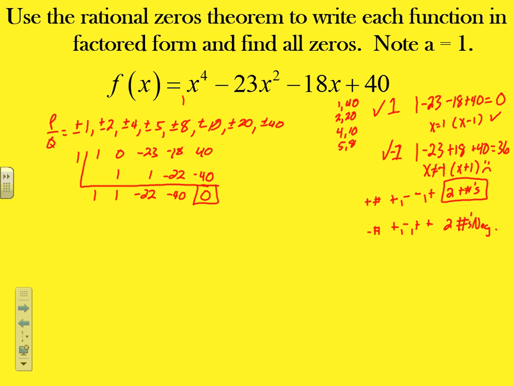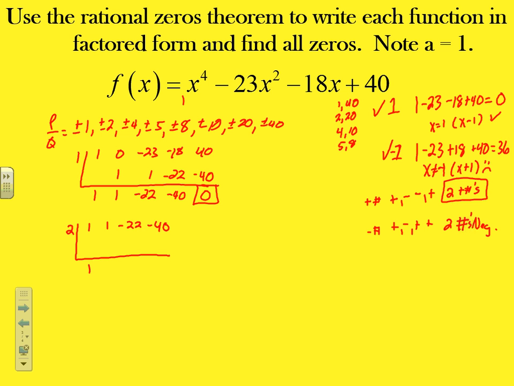So the next positive number would be 2. Now we're going to do our division with the simplified polynomial, meaning I'm going to take the quotient of the first division and use that for my second division. So let's see what we get here.